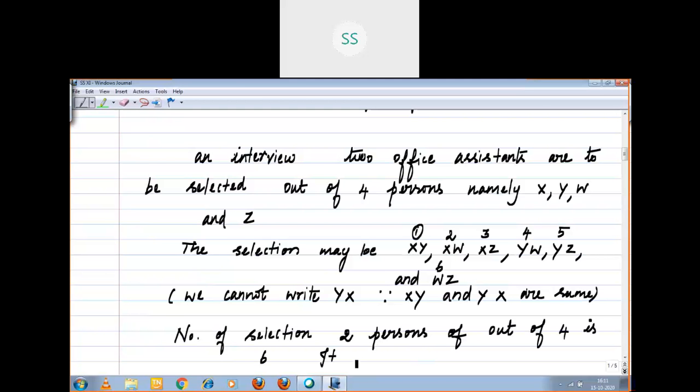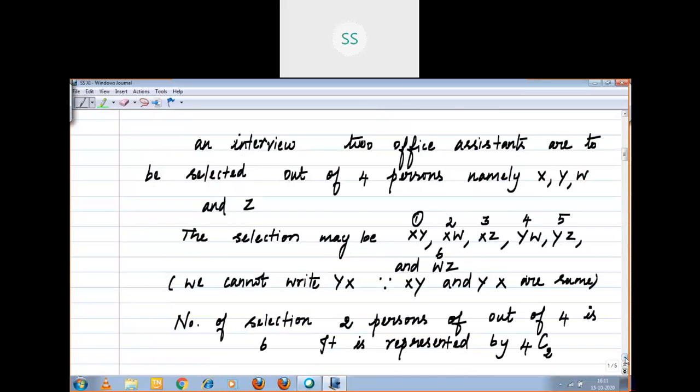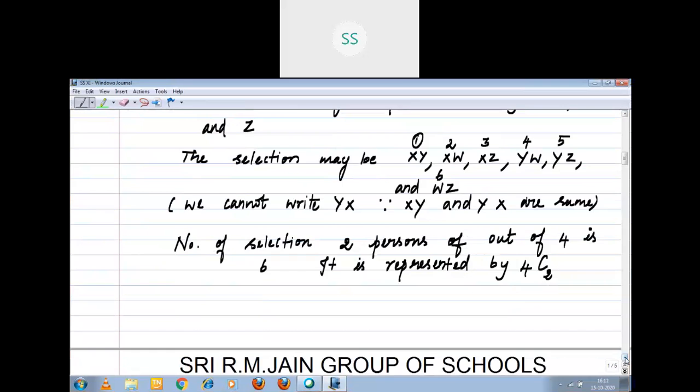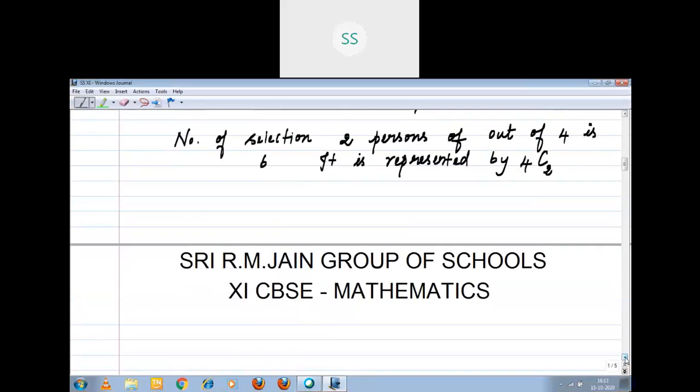We are discussing combination. It is represented by 4C2: out of 4 persons, you are going to select 2.